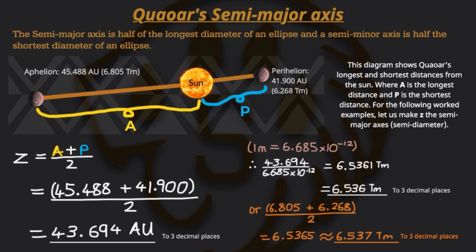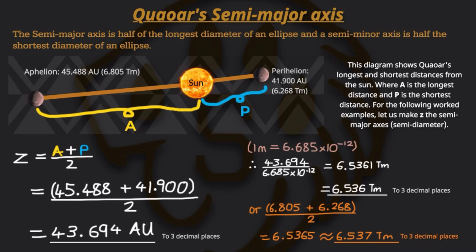41.900 over 2, which is the average, and that's where we get the semi-major axis in astronomical units, which is 43.694 astronomical units. Then to convert to terameters, because we know that tera means 10 to the power of 12, and meters is the standard unit for length according to international standards.